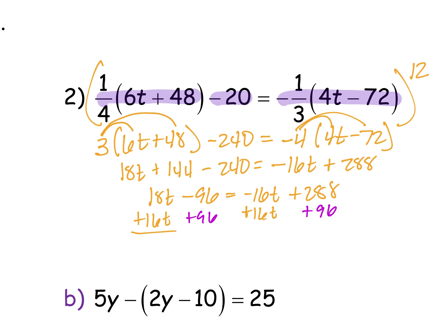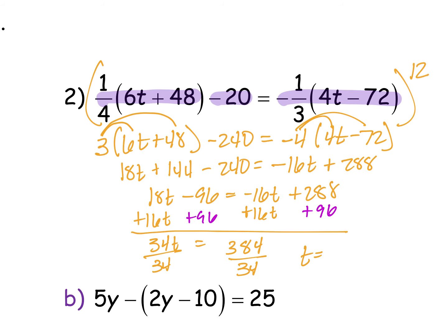So this gives me 34t equals 384, divided by 34. I did that in my head, so I hope it's right, you guys.